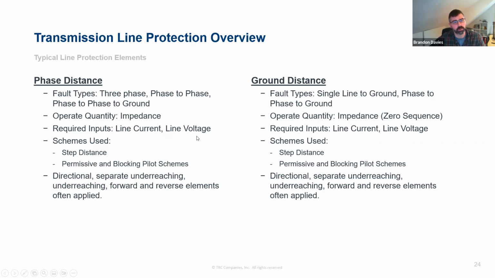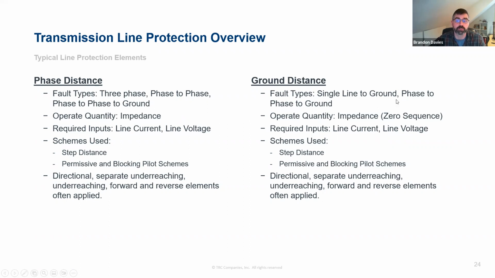So we need current and voltage to do this type of protection, and we'll use it in a step distance scheme or a permissive or pilot blocking scheme. The main difference between phase and ground distance is phase distance uses positive sequence impedance measurements, and ground distance uses zero sequence impedance measurements as the operate quantity.